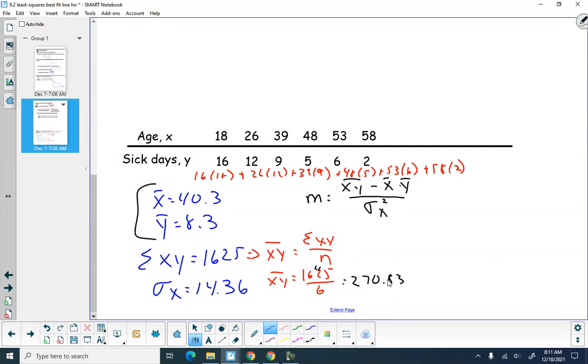So throwing in our values, we have 270.83 minus x bar, which is 40.3, times y bar, which is 8.3, divided by our sigma x, which is 14.36 squared. That's our variance.